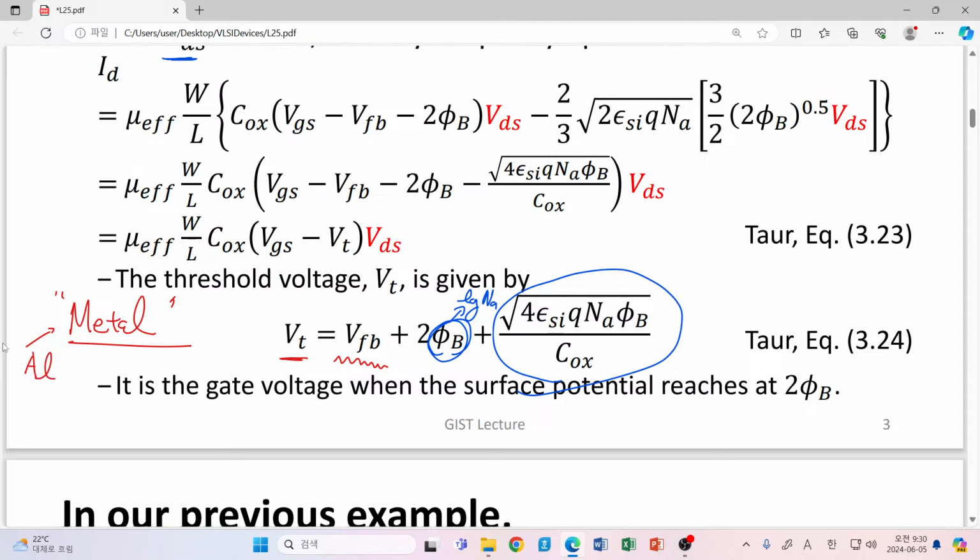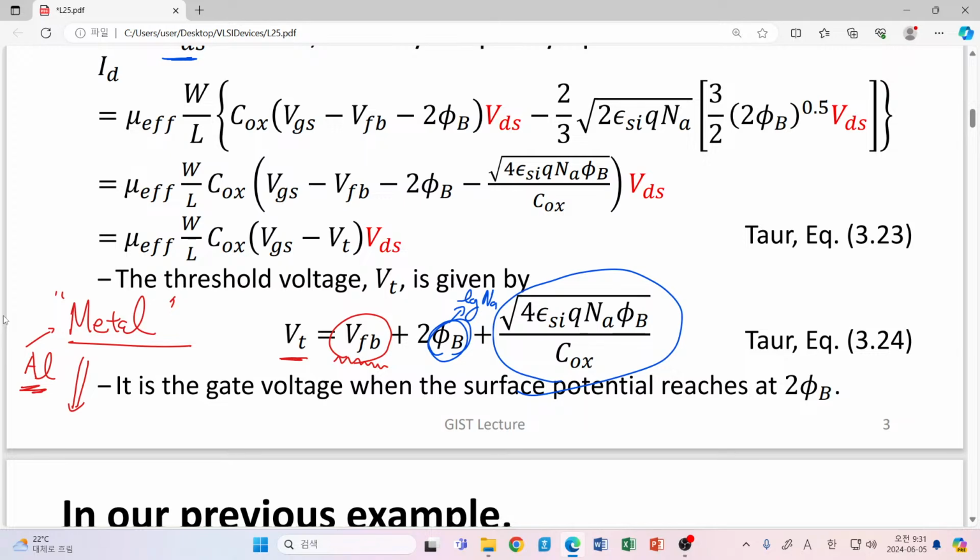So since aluminum is the given metal and since it has a given work function, we had no knob to control the flat band voltage. Of course, this flat band voltage is obtained from two different factors: metal work function and another one is doping density. However, this is just a given number, and now let's go to the next stage.